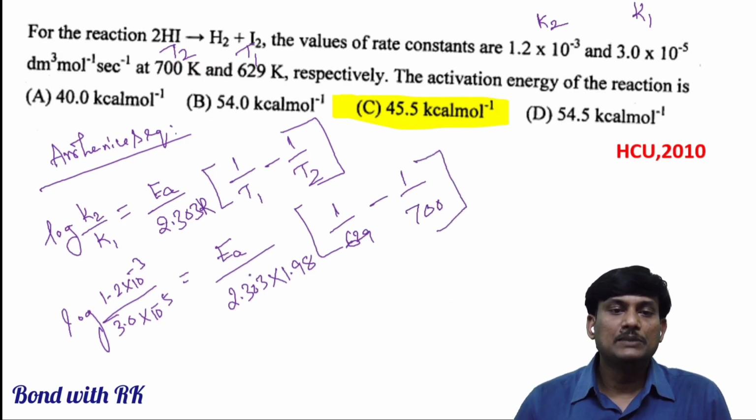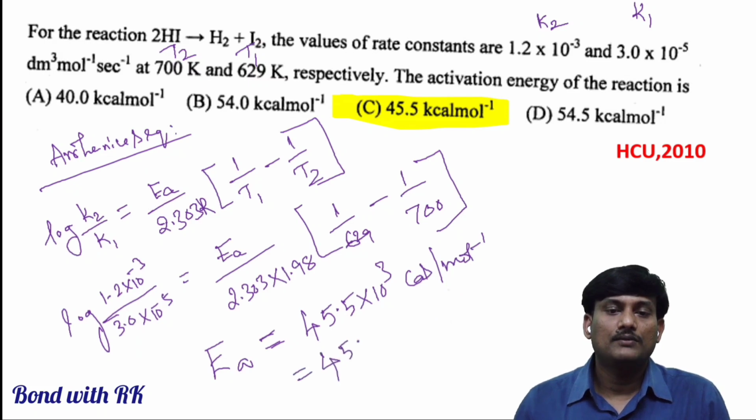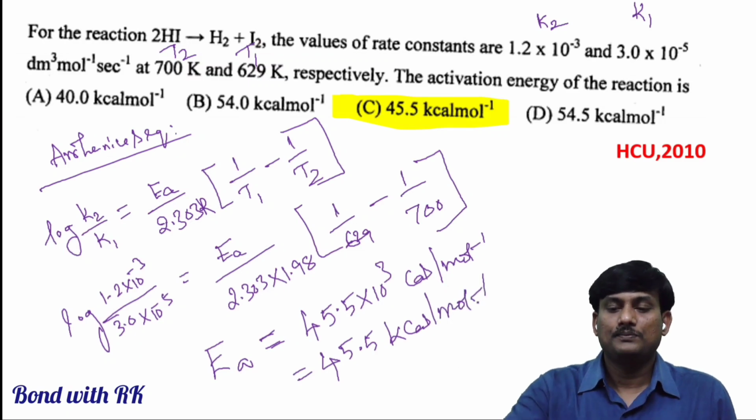After simplification, you will get Ea equal to around 45.5 into 10 cube calorie mole inverse. When you convert it into kilocalories, it will be 45.5 kilocalorie mole inverse. So the third one is the correct option.